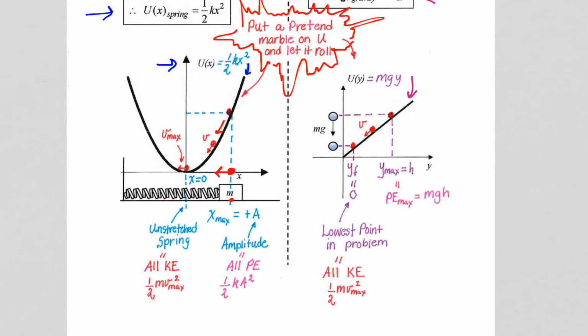It will have its maximum speed right as it passes through x equals 0, just like the marble will have the maximum speed at the bottom of this little trough, and then the marble will roll up and come to a stop, and look, just like the mass on the spring, it will stop symmetrically at the negative x max position over here, just like the block on the spring would stop here.